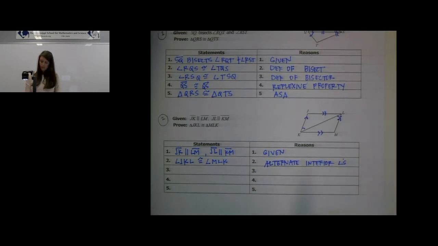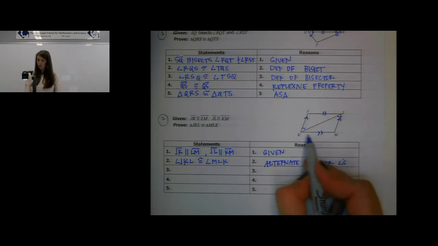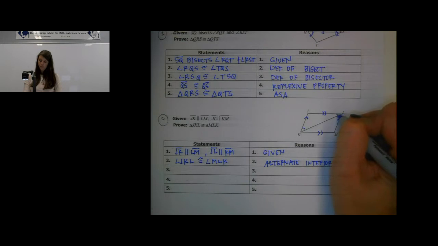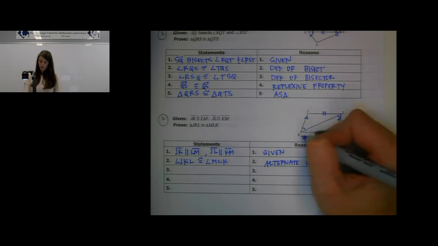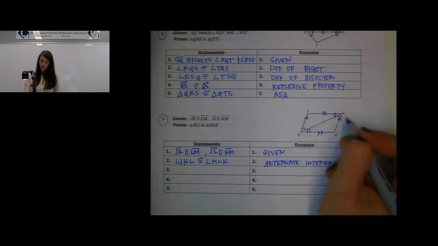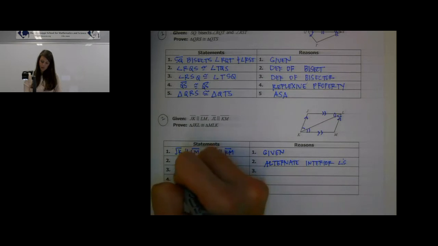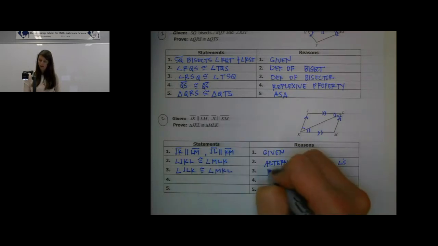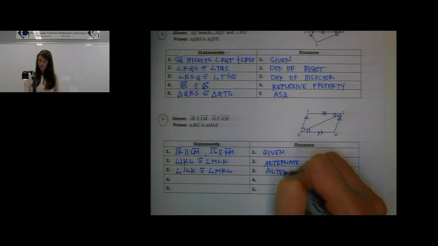Okay, so then I've got these two are going to be parallel, right? So that means angle JLK is going to be congruent down here to MKL. So angle JLK is going to be congruent to angle MKL. That's also by the alternate interior.